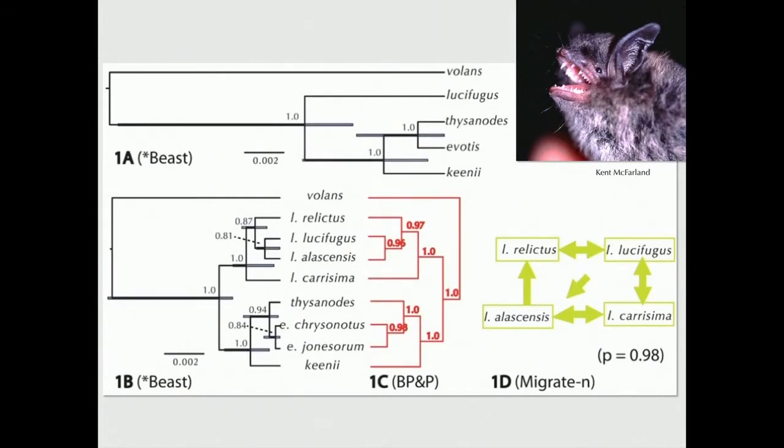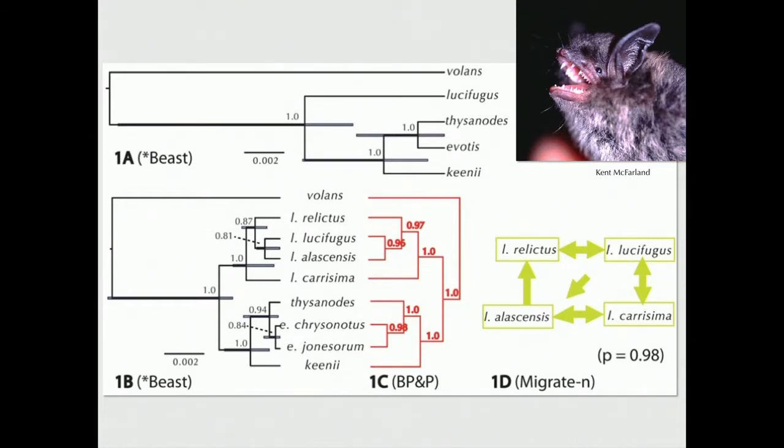Here's another example where we looked at some of Brian's data set. There are different possible models that could run. And the nice thing is, in traditional approaches, it might be hard to compare a *BEAST run from a Migrate run, to see which model is best, because they're different criteria. But with PHRAPL, we put them all in the same framework.